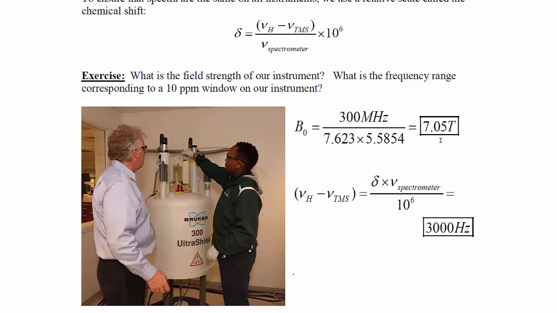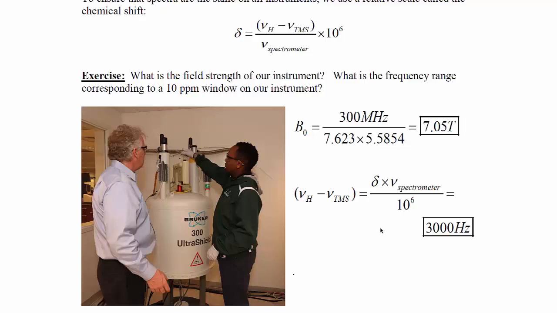Our field strength is at 7.05, although over time it's slowly disintegrating. So it's 7.049998 one day, and then 7.049997 the next day. It is deteriorating, and we account for that. The instrument mechanics account for that in the instrument measurement.